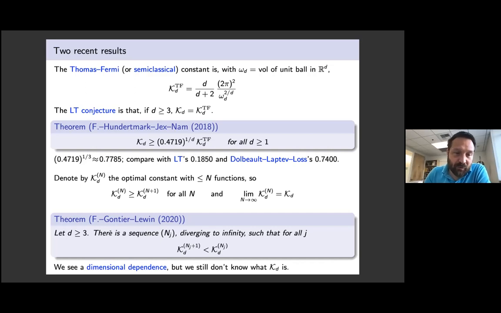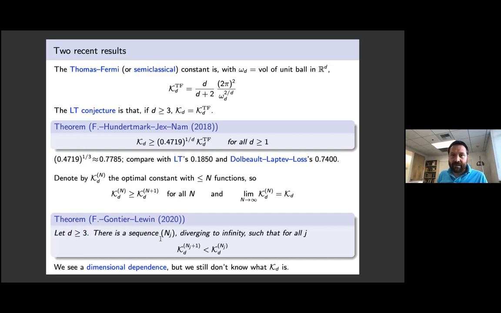And what we proved back then, very importantly, this is a theorem that only works in dimensions 3 and higher, is that we have a sequence of particle numbers nj, which become arbitrarily large, such that along this sequence, the constants go strictly down.